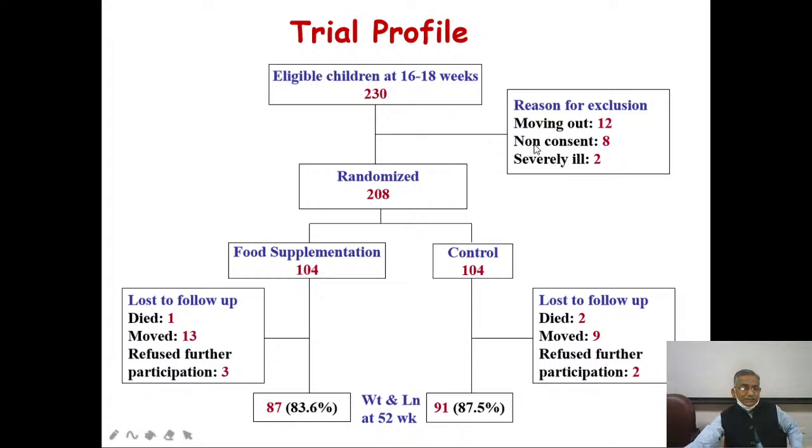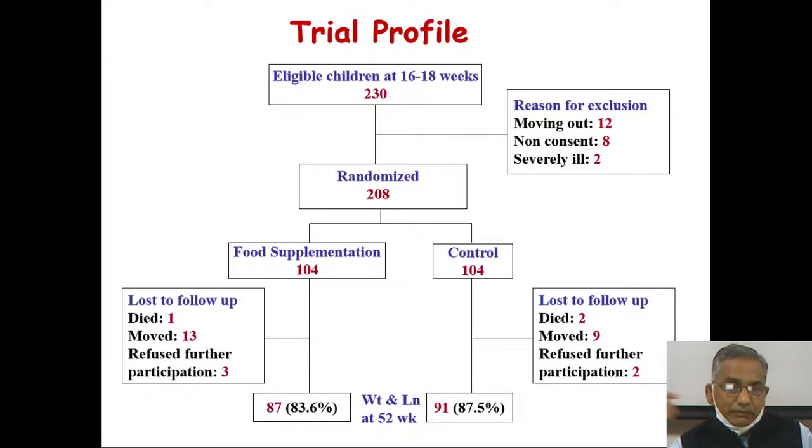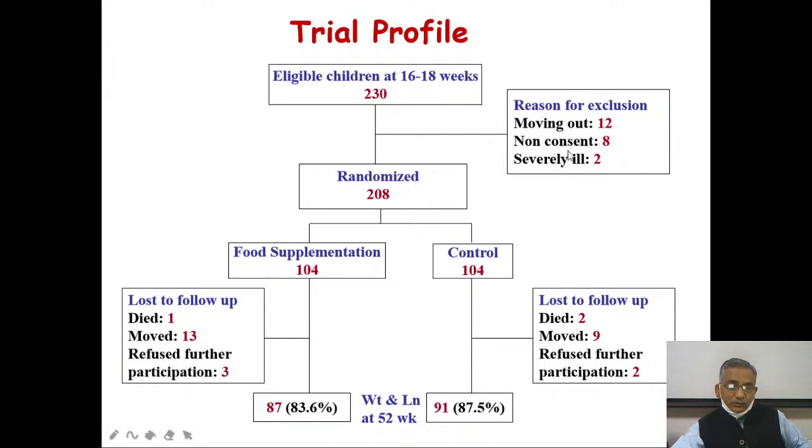Similarly, some patients were eligible, but they said no, they will not participate in the study for whatever personal reasons, right? And there are two patients who were severely ill. Maybe their risk of death was very high, or their conditions were not such that you could actually do the study or do the test in them.